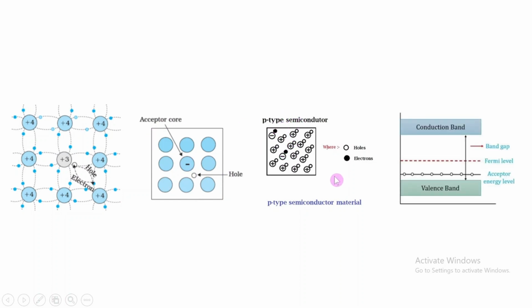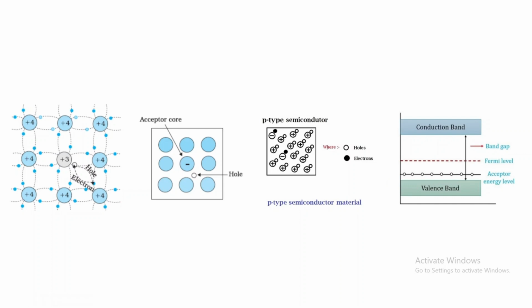Now, the energy band diagram for this is just the opposite of what we discussed for N-type semiconductors. In the N-type semiconductor, electrons are in the majority, so they are present near the conduction band. Here in this case, we have holes in the crystal.